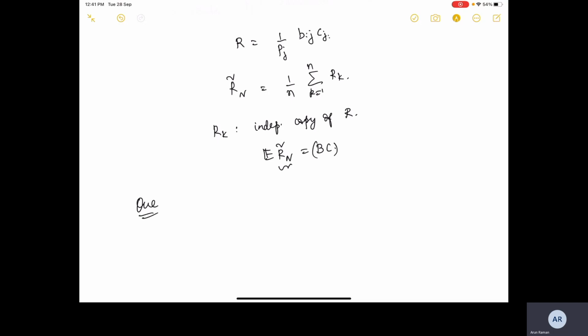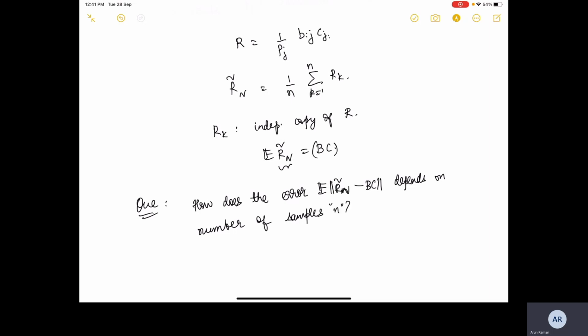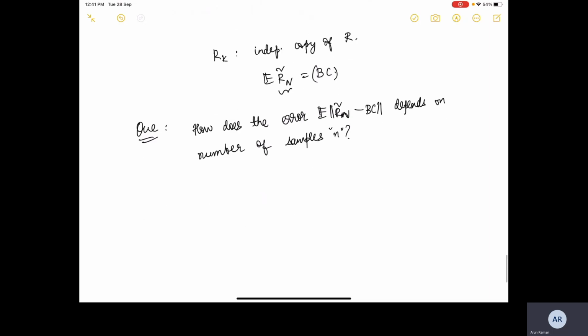Then the question that we ask again is: how does the error depend on the number of samples N? Okay, so this is the question that we are interested in.